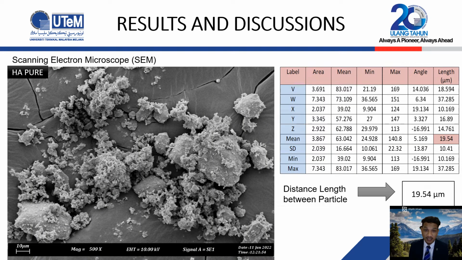Proceed to the results and discussion. The figure above shows the SEM image of the product prepared from cockle shell powder and diammonium hydrogen phosphate powder milled for 5 hours. So we have here pure HA with SEM image, and this is the data of distance length between particles, and we get an average distance length between particles of 19.54 micrometer.